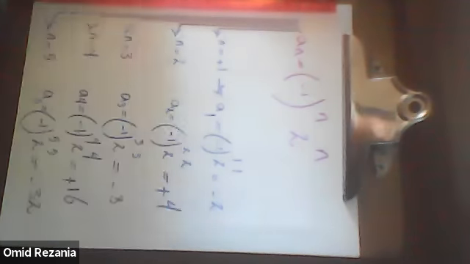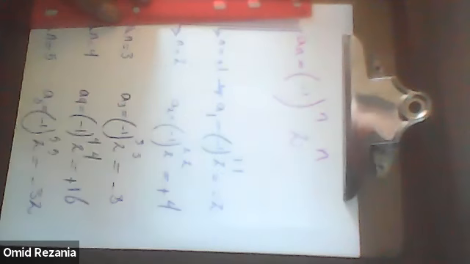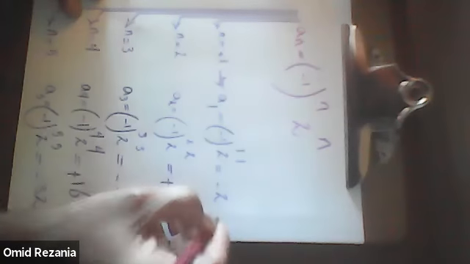Guys, before we finish, the purpose was to learn something from this sequence. Look at the sign of each element. What is the sign of a1? Is it positive or negative? Negative.